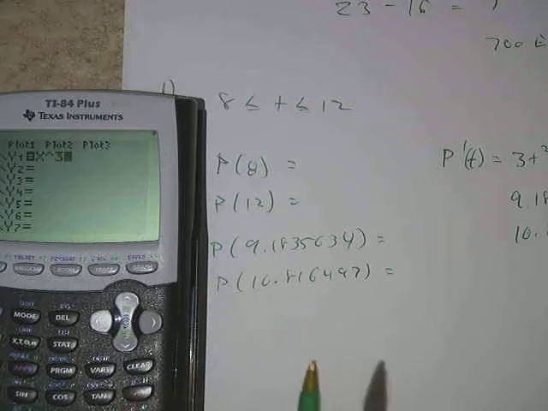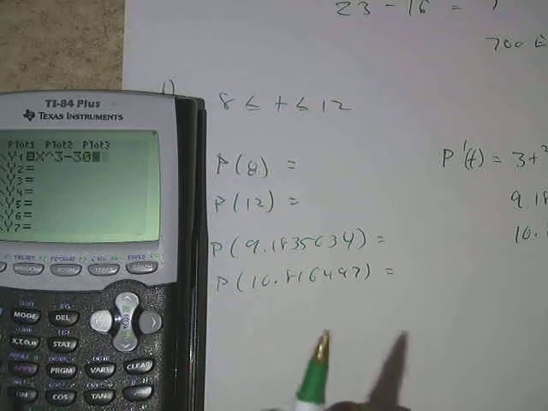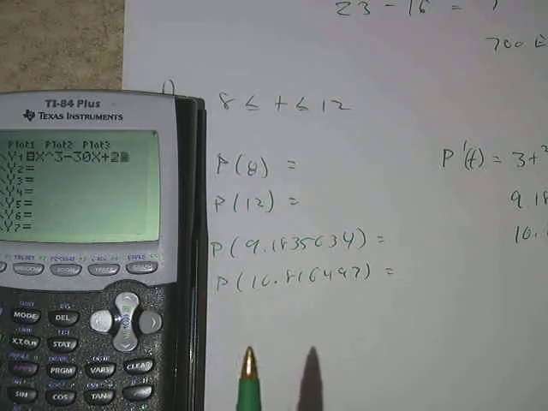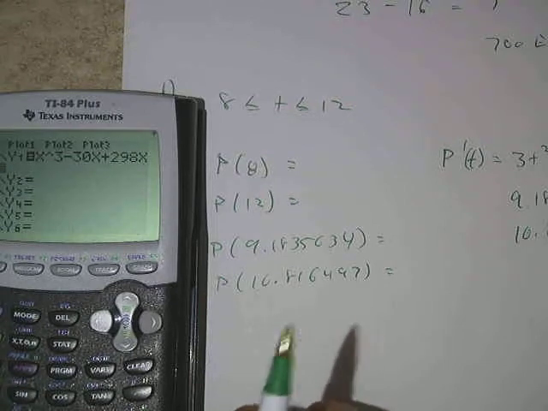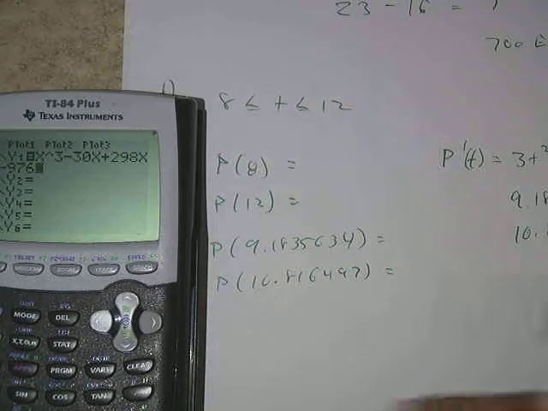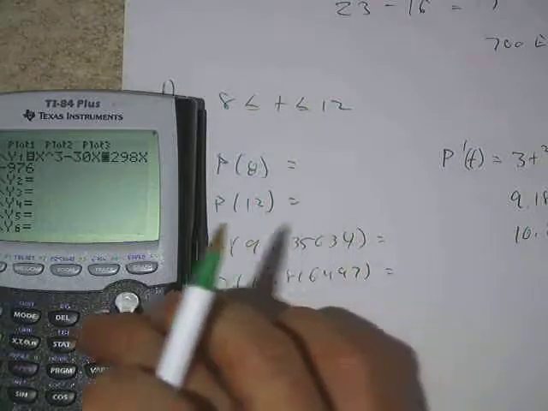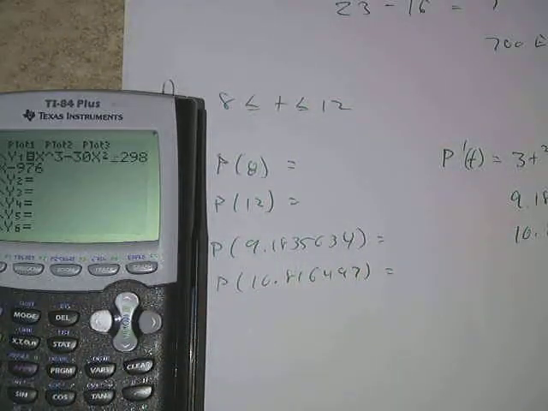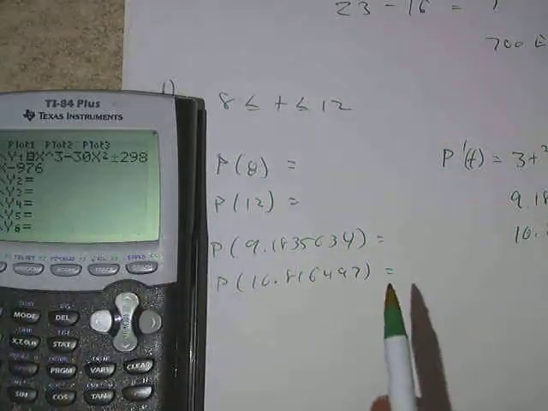Those would be the other candidates where P could be a maximum. So if we put those in, 9.1835034 and 10.816497, we ultimately want to check and see.